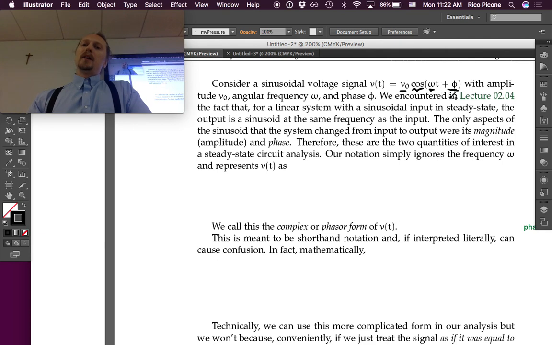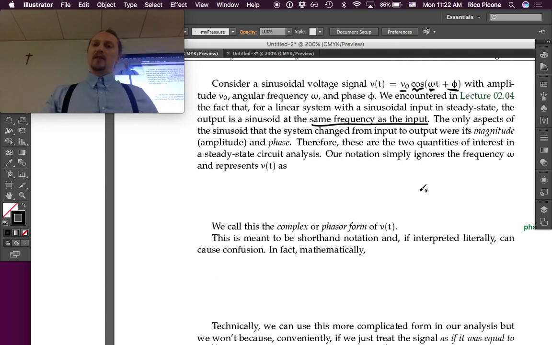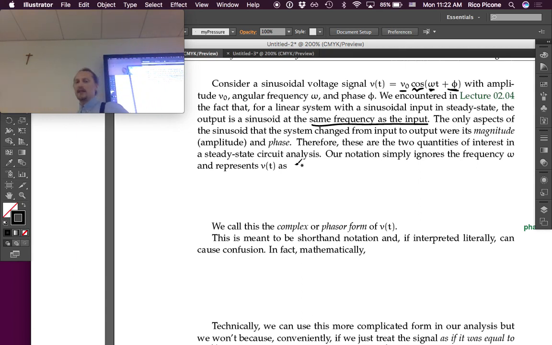We encountered in lecture 2.4 the fact that for a linear system with a sinusoidal input in steady state, the output is a sinusoid at the same frequency as the input. The only aspects of the sinusoid that the system changed from input to output were its magnitude or amplitude and phase. Therefore, these are the two quantities of interest in a steady state circuit analysis.